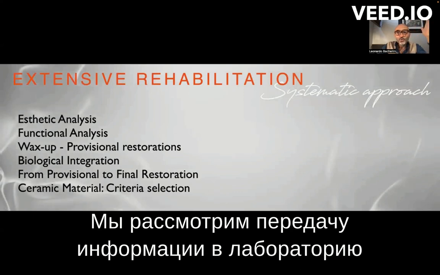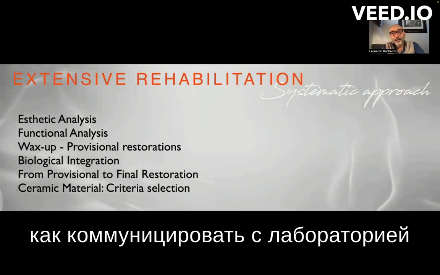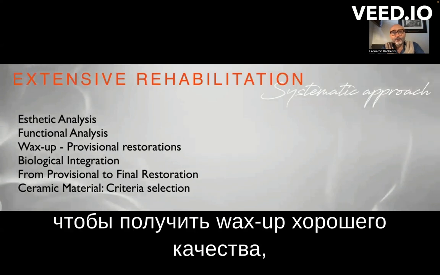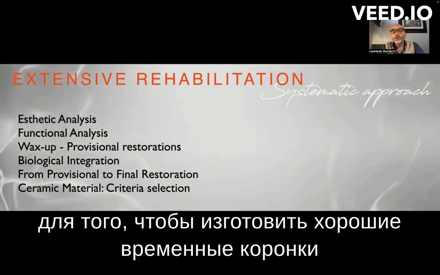We will see how to send all the information to the lab, how to communicate with the lab, to do a good workup, and to fabricate a correct provisional restoration.